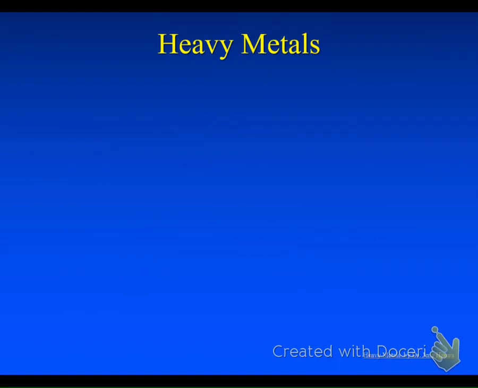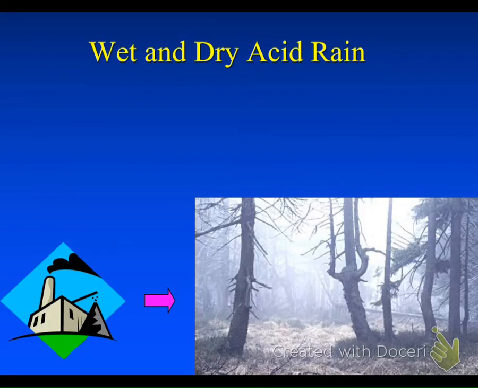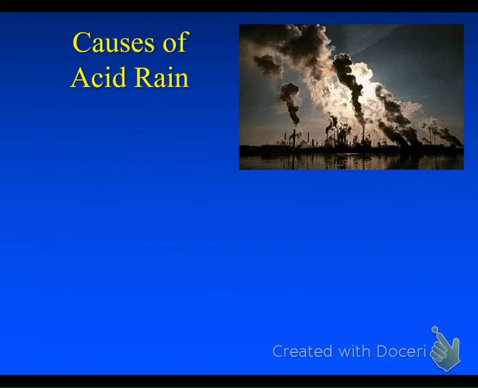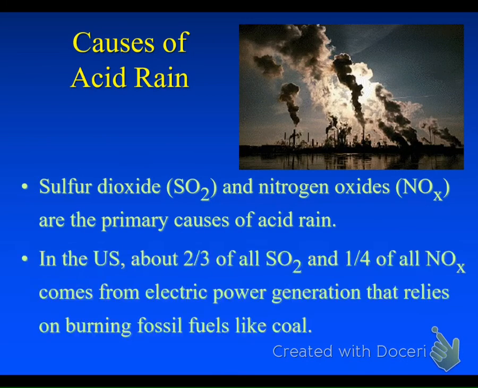Sometimes we have inorganic pollutants, like heavy metals, where it's going to cause acid or too basic or stuff like that, where you're going to have problems like we talked about in the previous unit. We talked about sulfur dioxide and nitrogen oxides from electrical power plants where they burn fossil fuels.